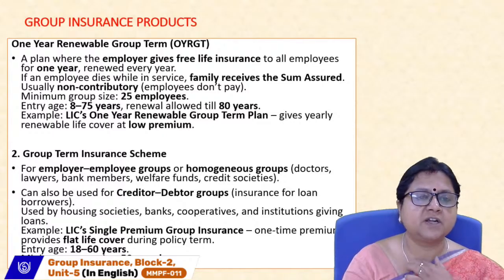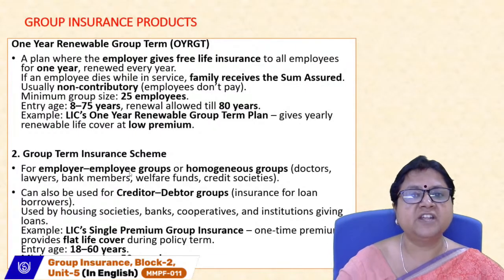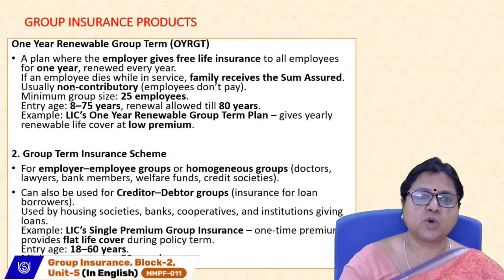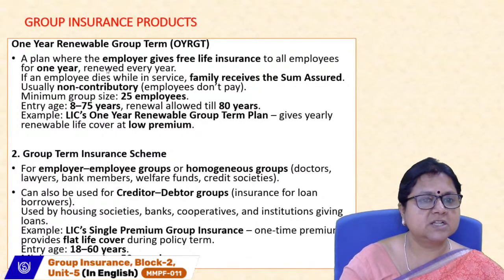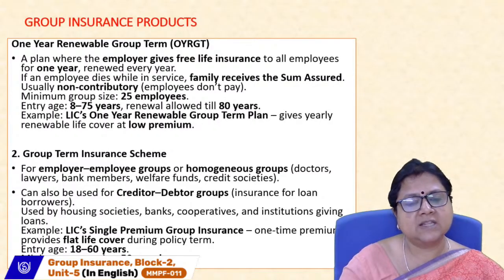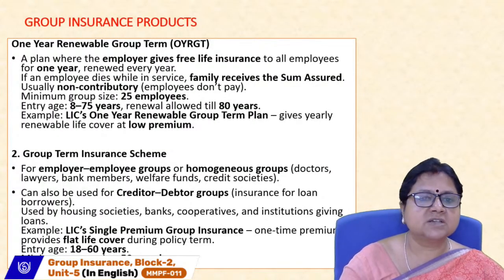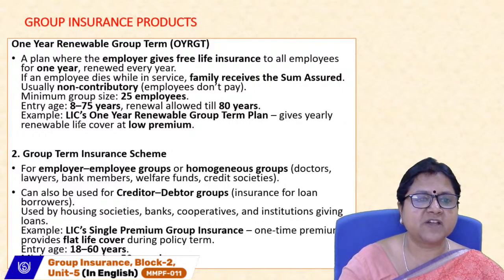So there are different group insurance products like 1 year renewable group term. Here is a plan where employers give free life insurance to all employees for 1 year. It is free and it is renewed every year. It is non-contributory and the employer is paying all the premium, and the minimum group size here is defined as 25.